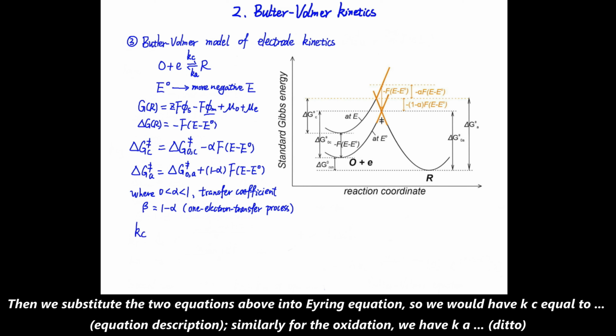So we would have Kc equals AC times e to the power of minus this divided by RT. Similarly, for the oxidation, we have AA times e to the power of minus this divided by RT.